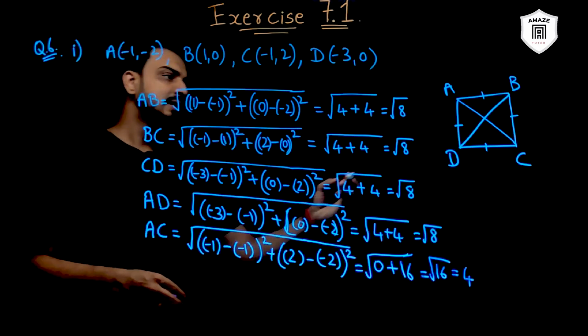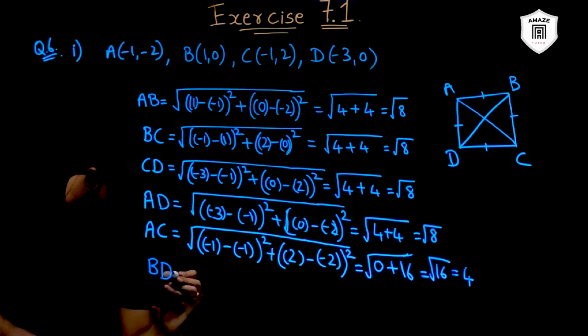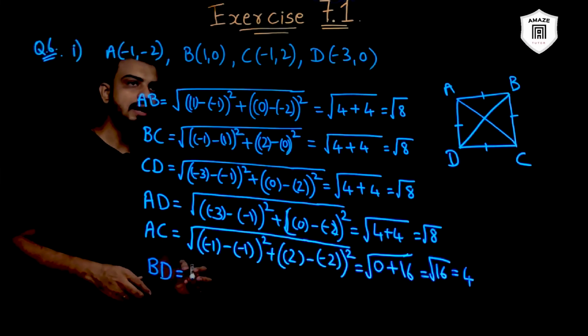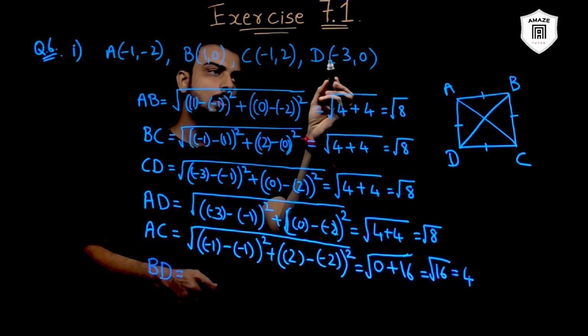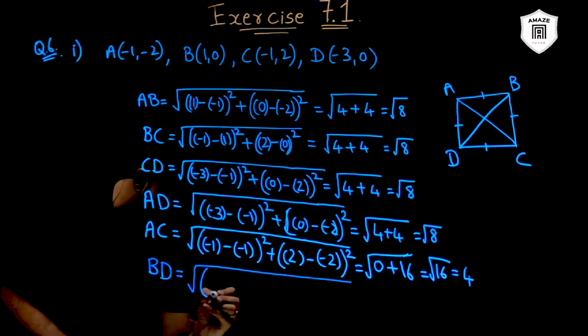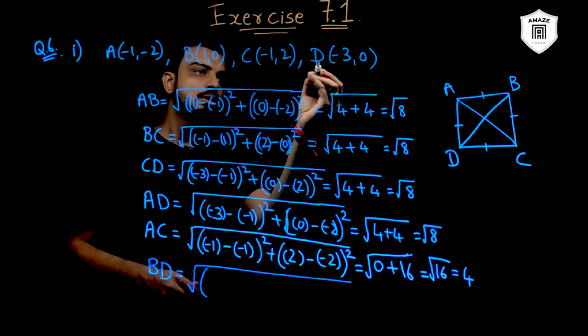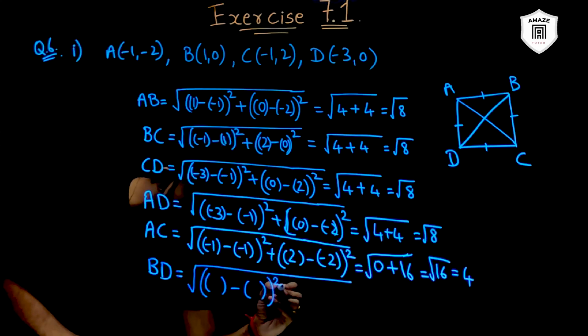Now let us take the other diagonal BD. So for BD we are getting B as 1 comma 0 and D as minus 3 comma 0. So x1 y1, x2 y2. Let us figure out the distance BD. So x2 minus x1 the whole square.